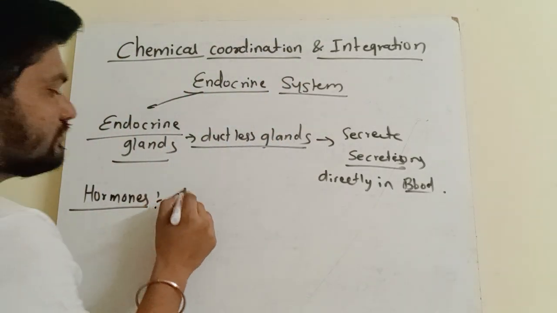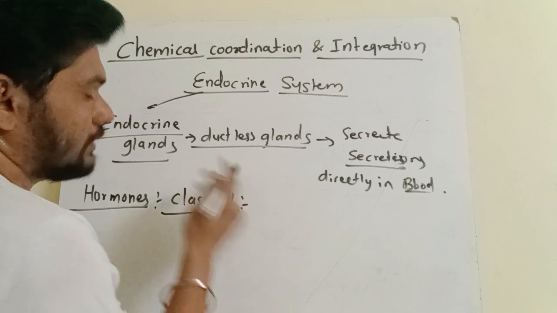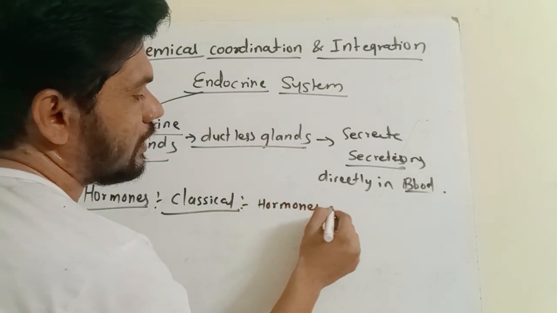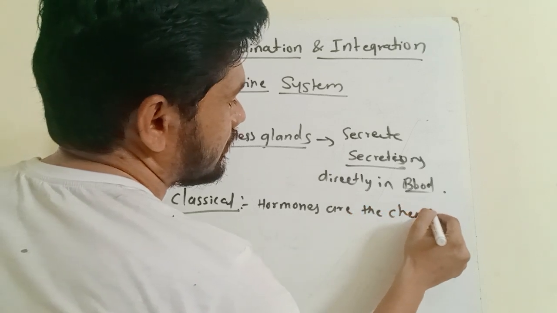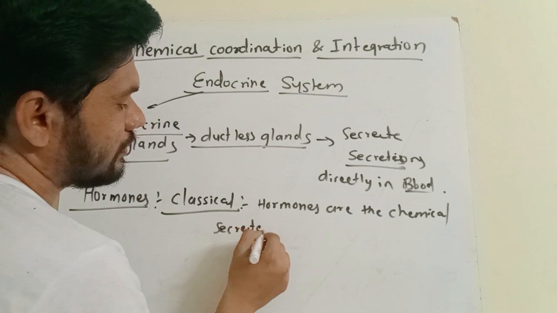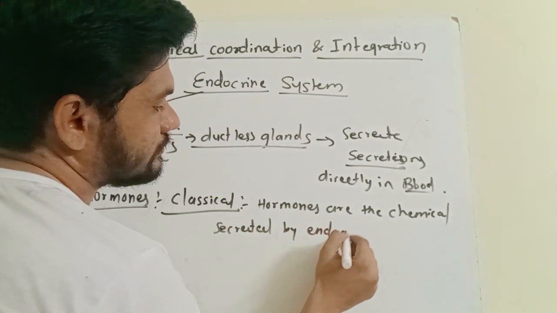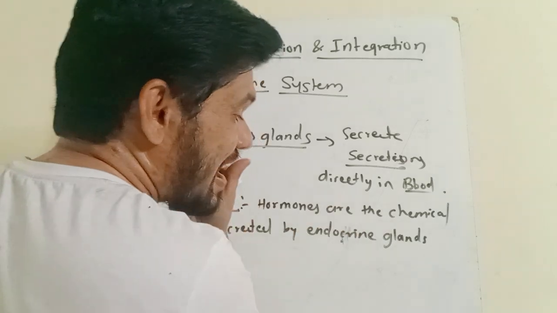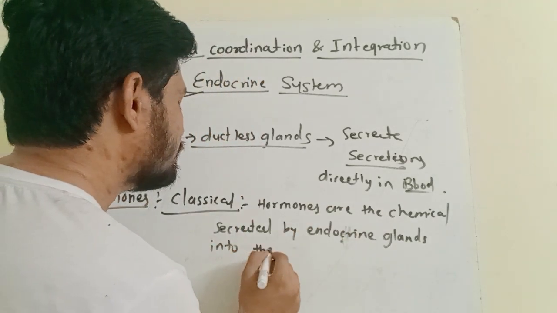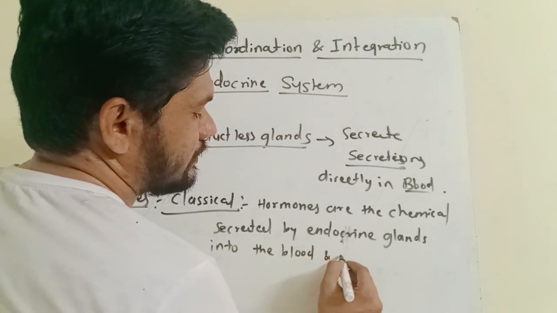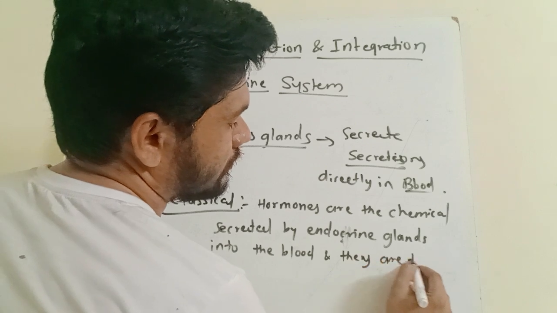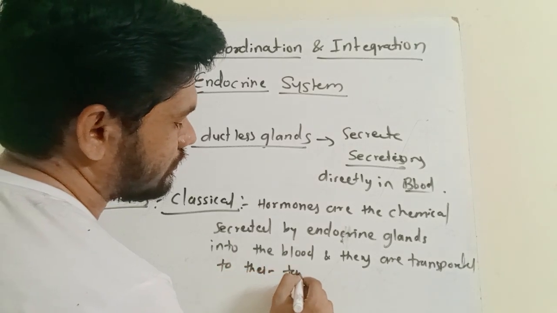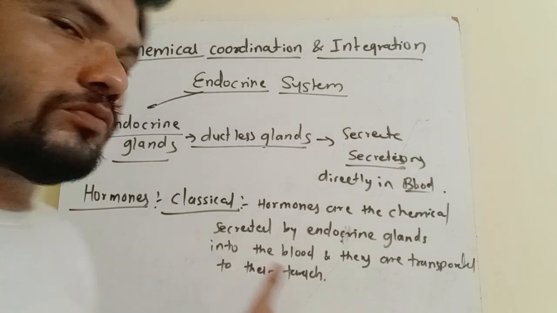First is the classical definition: hormones are the chemicals secreted by endocrine glands into the blood, and they are transported to their targets. This is the classical definition of the hormones.